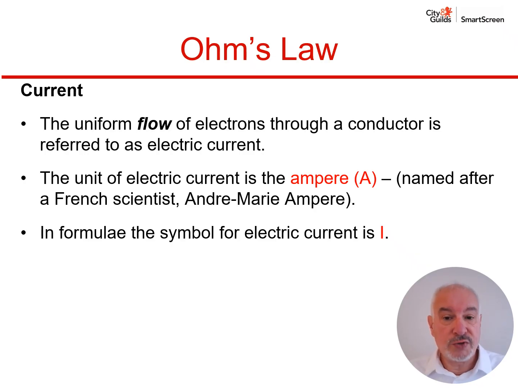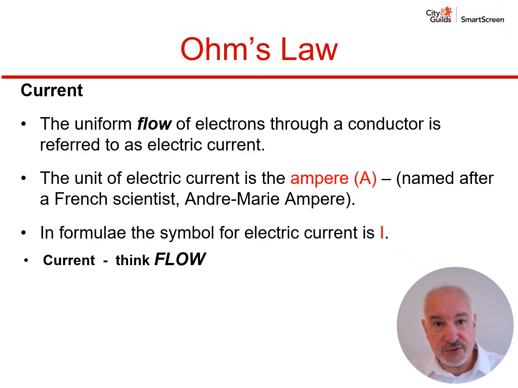The unit is ampere, but the symbol in a formula is I. And I want you to think of current as flow. That's a good word to associate with current as we learn about these different electrical principles and these different quantities. Current is the flow of electricity. So think flow.